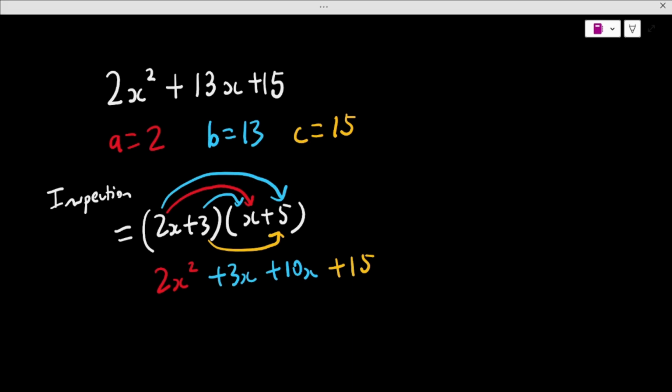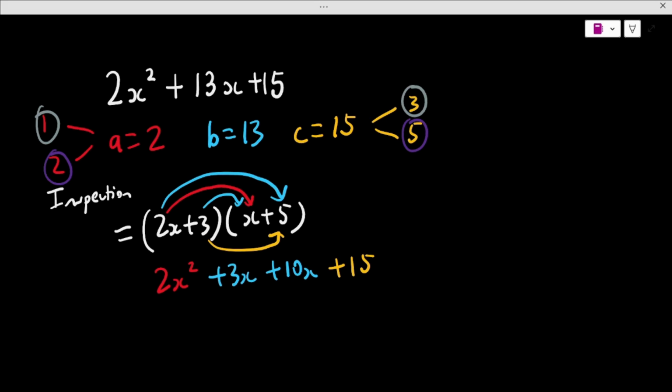This means that we are essentially trying to find the factors of 2 and 15 which, when multiplied together and then added up, give us b. We see that, in this case, 15 is equal to 3 times 5, and for a, this is equal to 1 times 2. If we take 5 times 2 plus 3 times 1, we get 13, which is what b is.